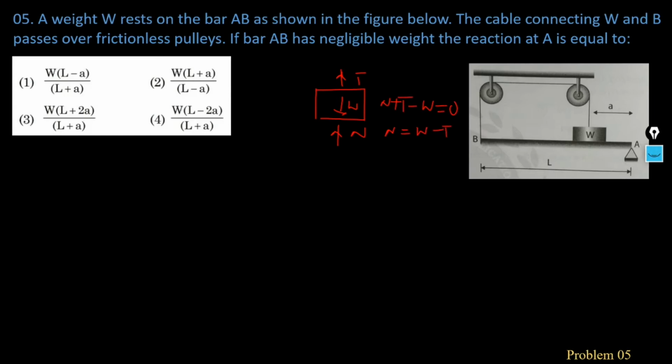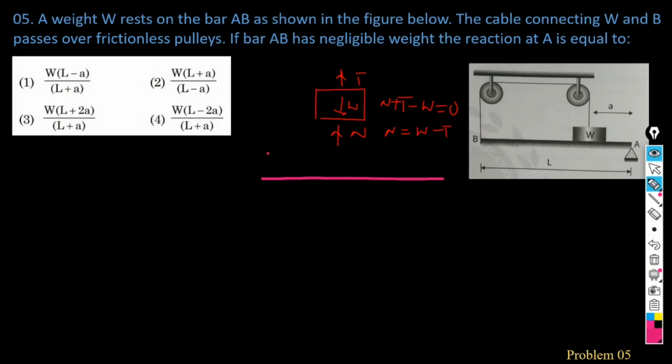Now let's draw the free body diagram of the bar. This is tension T acting upwards, and the normal reaction is acting downwards. This is at the hinge. Let's replace the hinge with a vertical force and a horizontal force. In this case, the horizontal force is 0 and the corresponding normal reaction is equal to T minus W, since it is in the opposite direction.